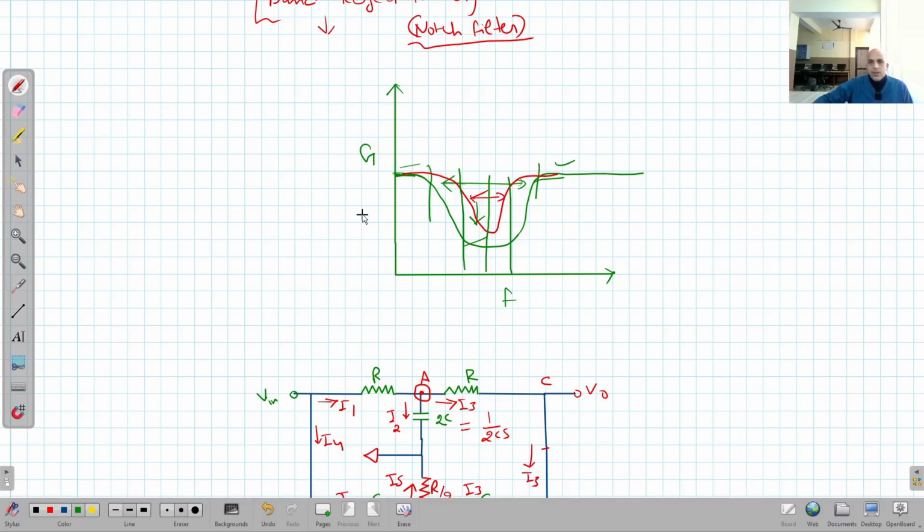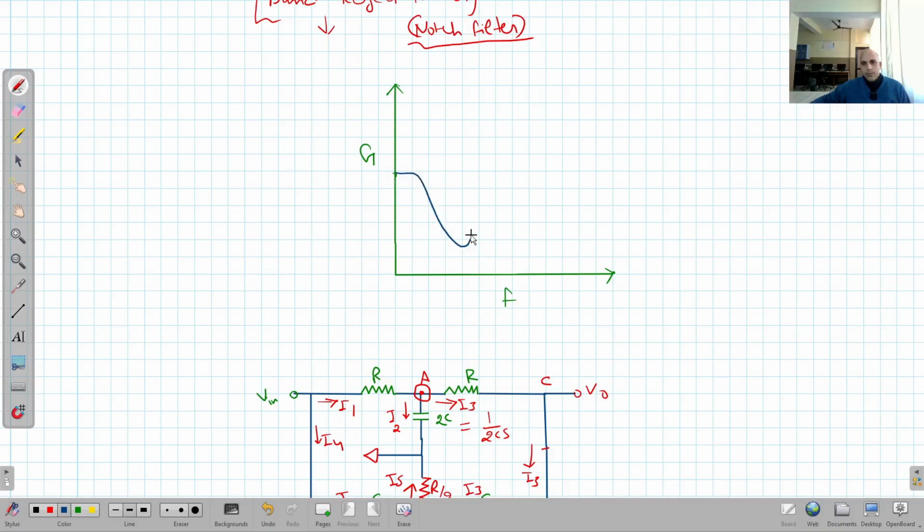If I redraw this graph, you will have this type of graph. You can see all these frequencies.